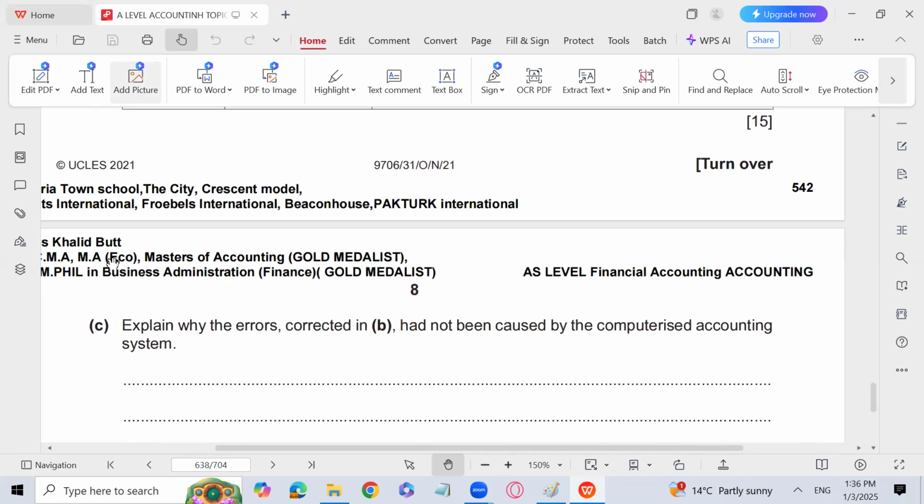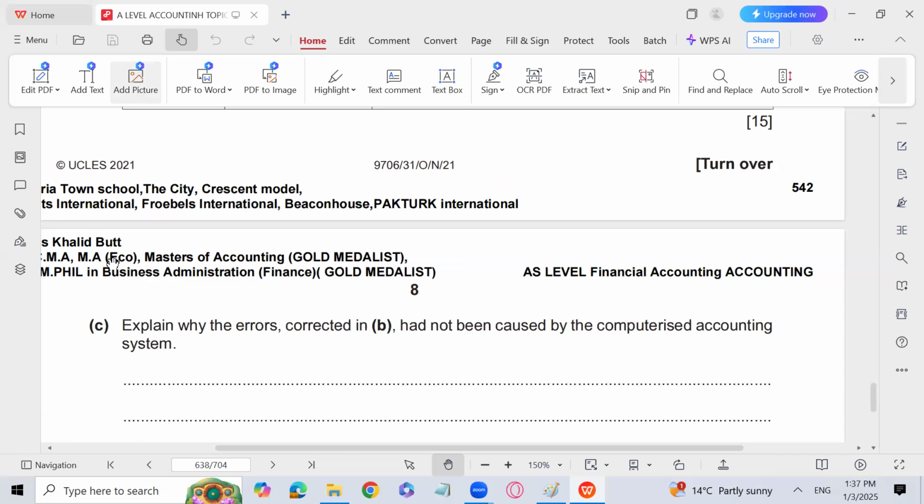Part C is to explain why the errors corrected in B had not been caused by the computerized accounting system. It is basically because of the accounting procedures which we have adopted in the wrong way. It is not because of the processing of data. A computerized accounting system can have errors because of the processing of data.